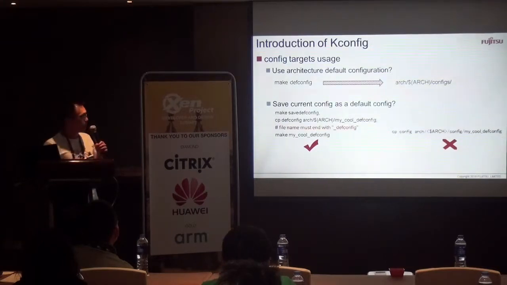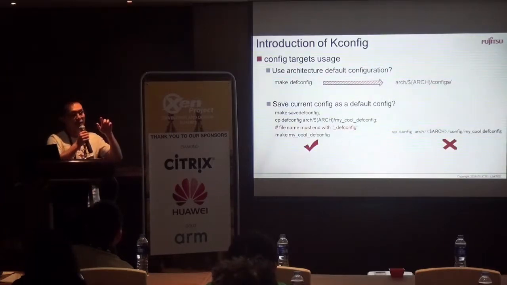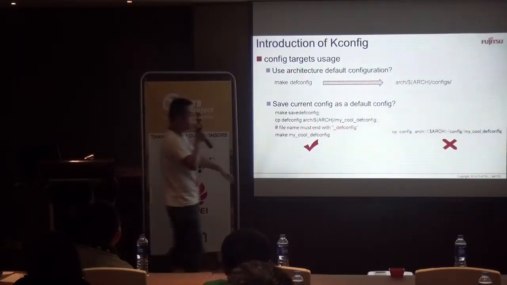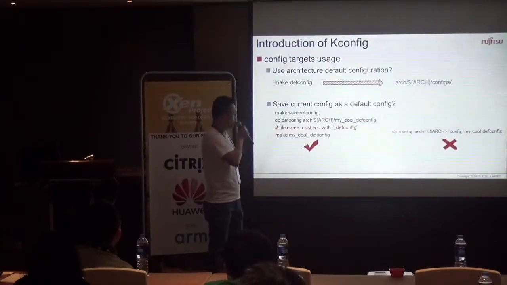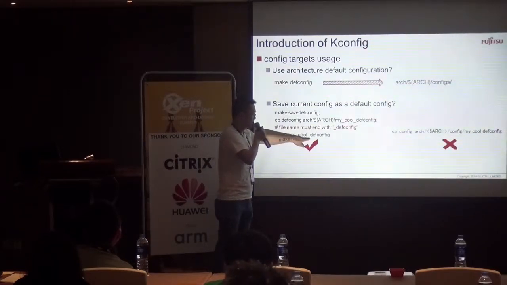The right way is you use make savedefconfig, and it will generate a file called defconfig under the source root, and then you copy this defconfig file to this path, use this name, and then you can use it by make this config name.